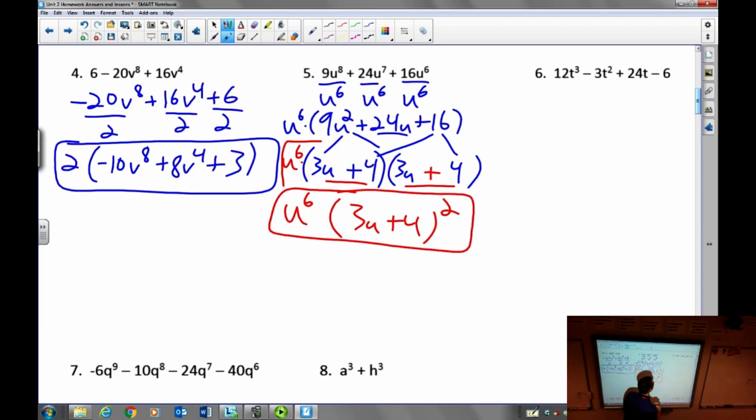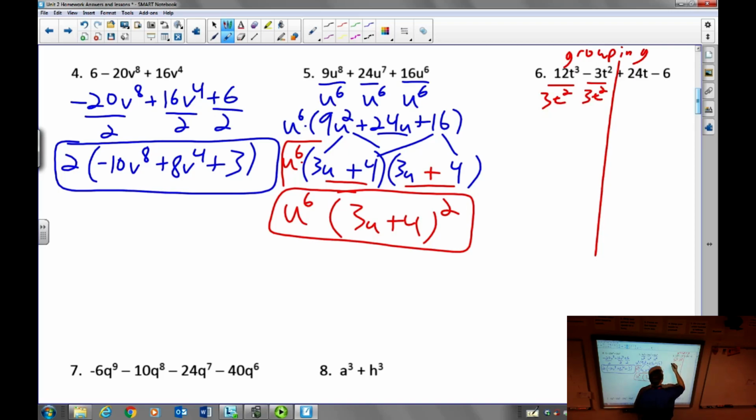There we go. Number 6 is looking like we got 4 terms. And so in your notes, you'll see that 4 terms is using the grouping method. So we're going to split that in half. We're going to pull out like terms, just each individually. So I'm thinking that's a 3t squared.